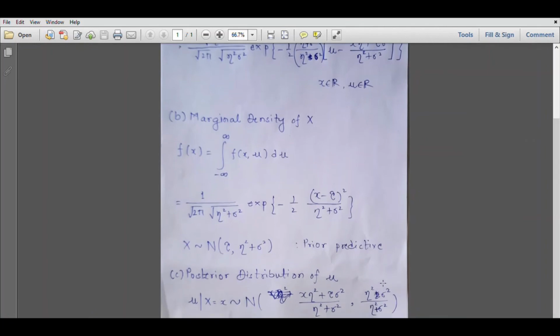Notice that this variance is nothing but 1 upon eta square plus 1 upon sigma square, which is nothing but the harmonic mean of eta square and sigma square. So thus the posterior variance of mu comes out to be the harmonic mean of the variance of x given mu and the prior variance of mu.